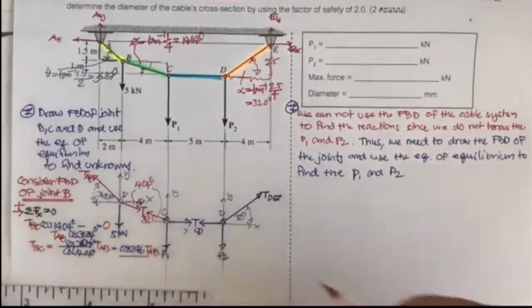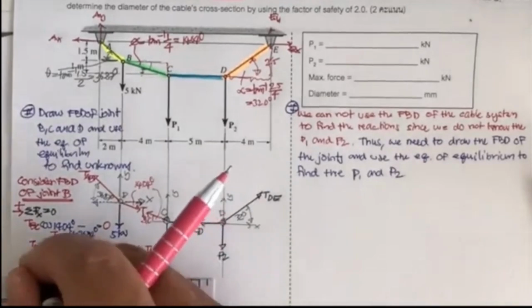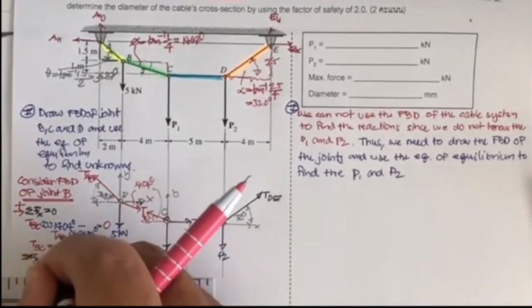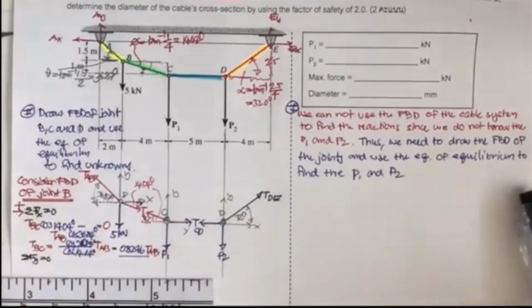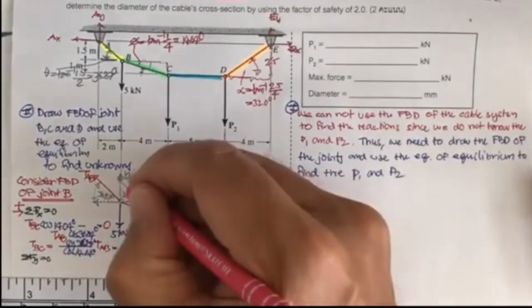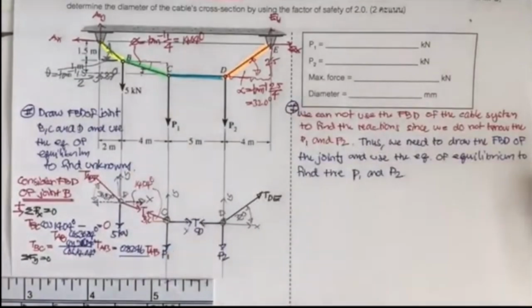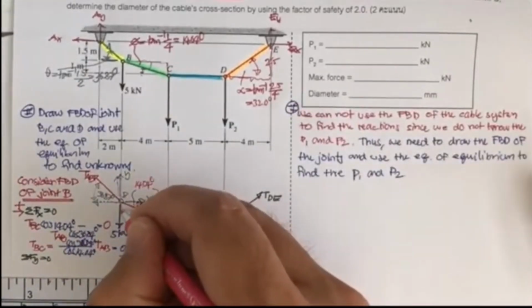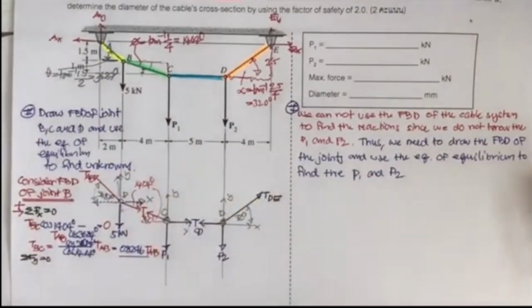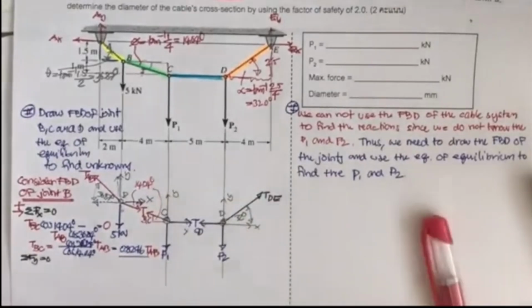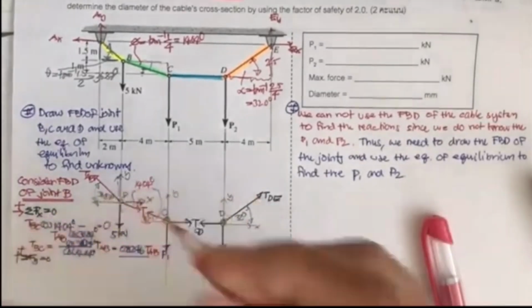And then we go further by summation of F sub y equal to 0. Now if you project this, it's going to be up, and if you project this, this is going to be down. Let us put the upward as positive.